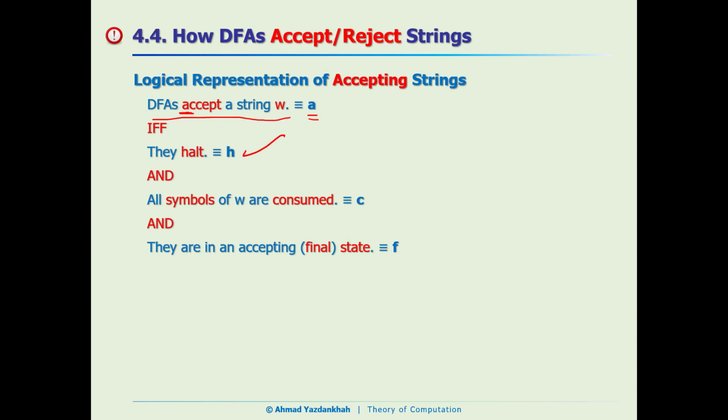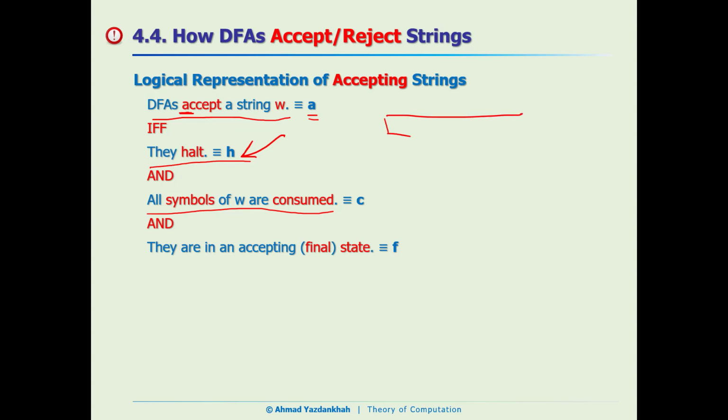First of all, the machine should halt. When the machine is running, it does not accept anything. So the first condition is that the machine halts. All symbols of W should be consumed.